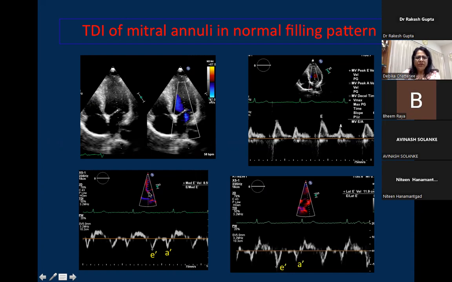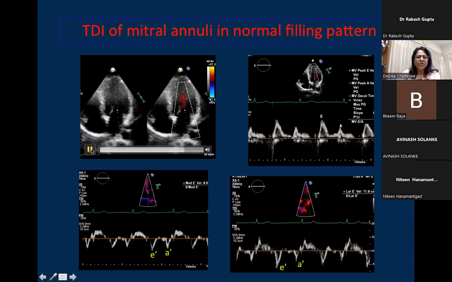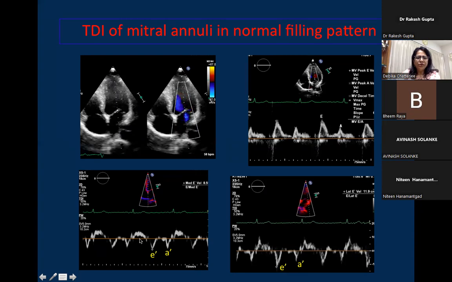As we are doing the tissue Doppler velocity, what happens? The annulus moves towards the apex during systole. If you look at this image, it moves towards the apex during systole. So the systolic wave will be above the baseline, and during diastole, it moves away from the apex, so it will be below the baseline.